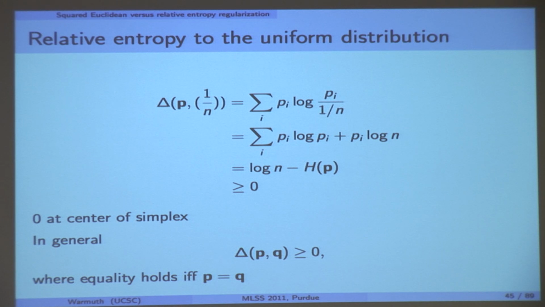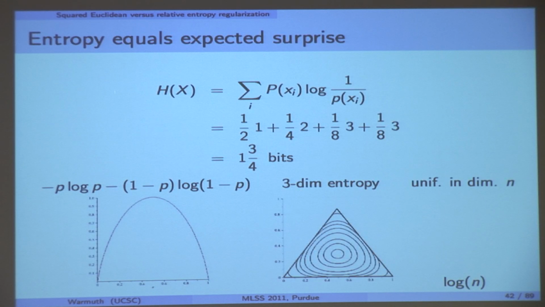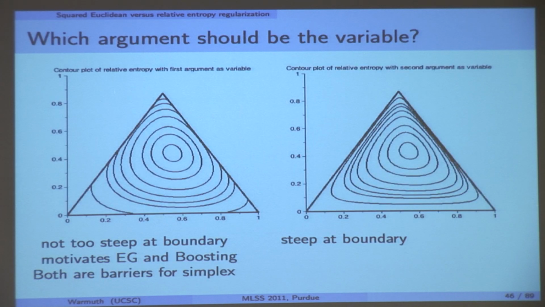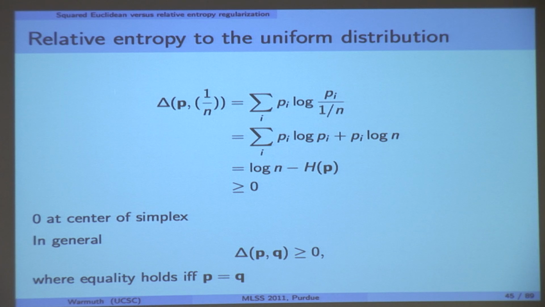So the relative entropy to the uniform distribution is this thing flipped upside down. The picture would look the same, but if you measure entropy, this is high. Relative entropy to the uniform, this is low. This is actually 0. OK. Now, so this is relative entropy. So I'm teaching the beginnings of information theory.